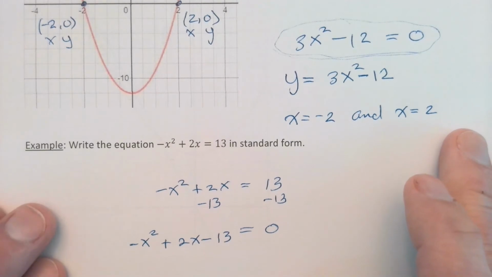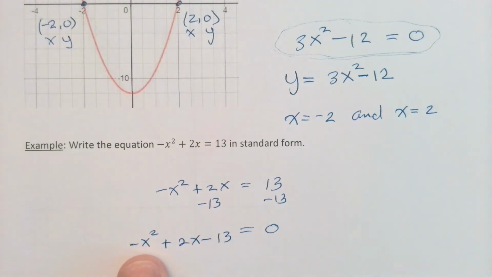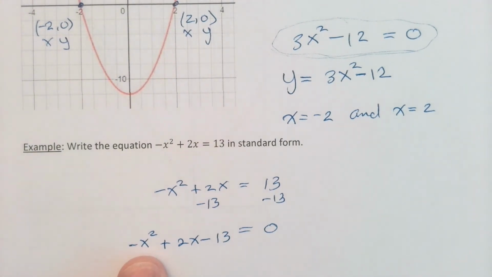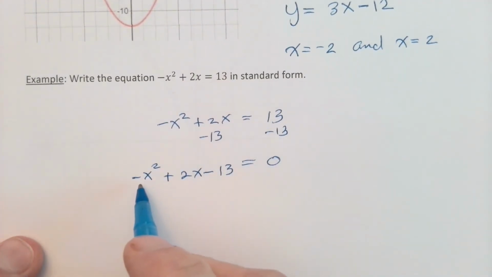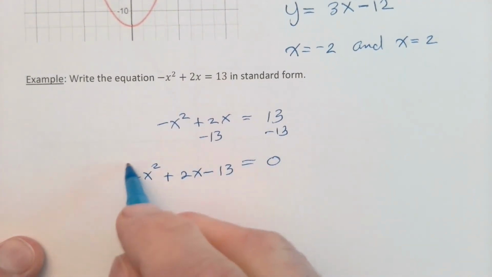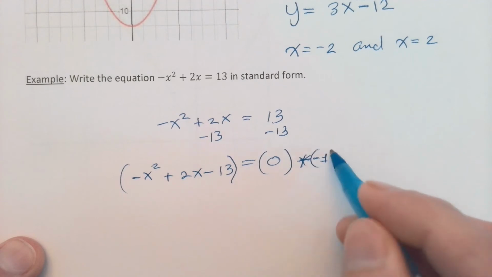Now for my purposes that's a standard form quadratic equation, but again we have a -x squared, and that may bother somebody. So what we'll do about that is try to convert this to a positive. And we'll do that by multiplying both sides of this equation by -1. And this is the second time I think that you've seen that.